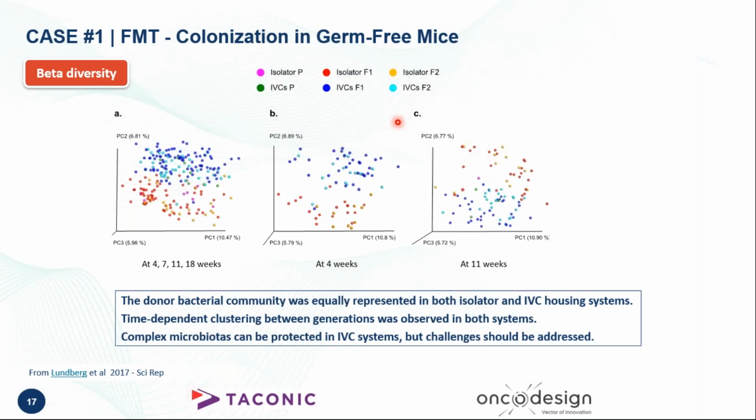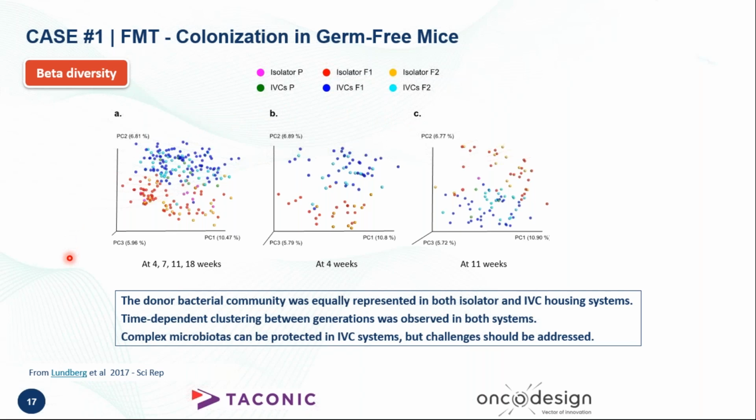And we find there's a statistically significant separation, but low, in figure B between IVC versus isolators at 4 weeks of age. But when they grow older, to 11 weeks of age, there's no significant separation. So there is some additional interesting supplementary information in this publication.